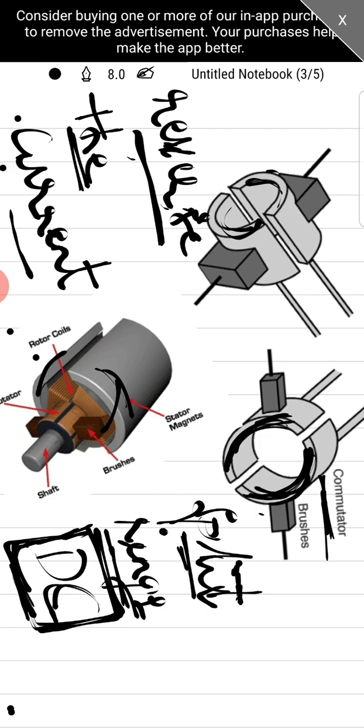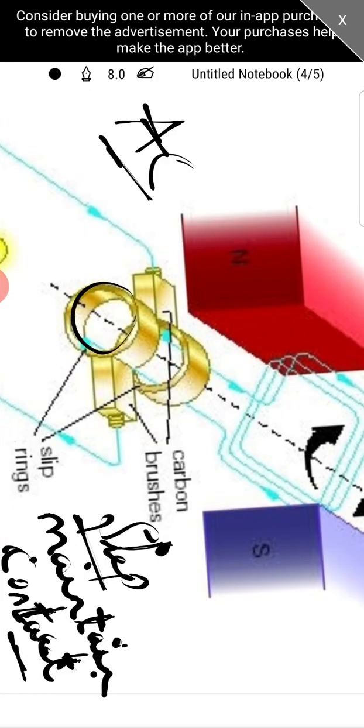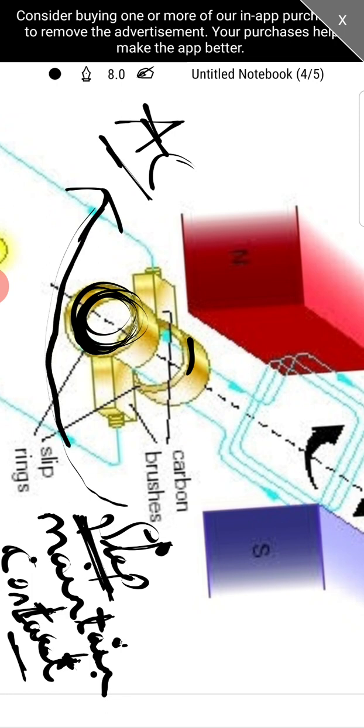I request you, do not get confused with slip rings. Slip rings will be in circular shape. Slip rings are always used in an AC generator, AC motor or AC current.